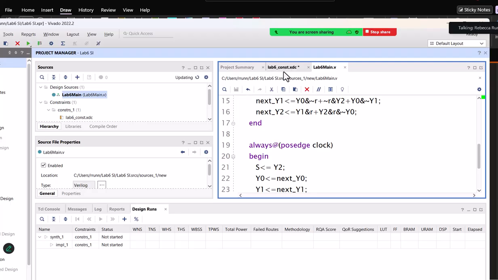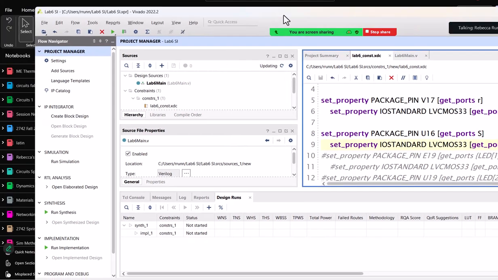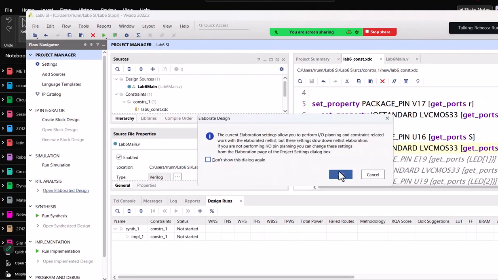Okay, so let's save that. I'll save the constraints, and then we can open an elaborated design.